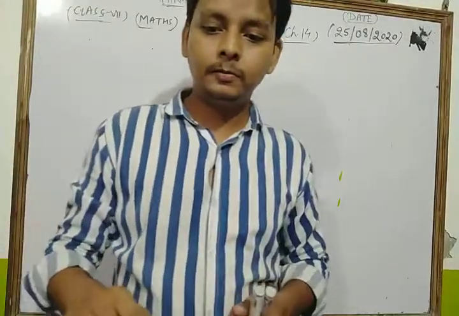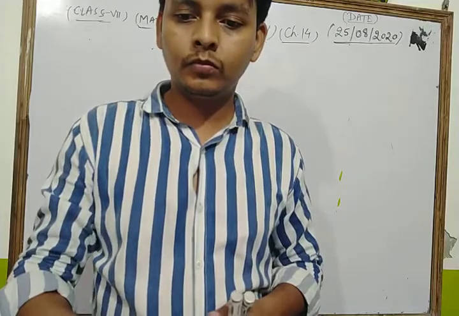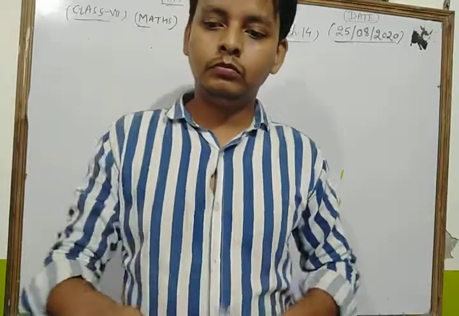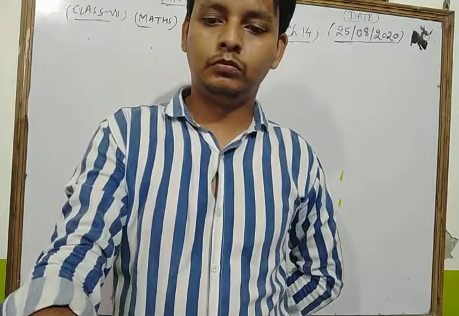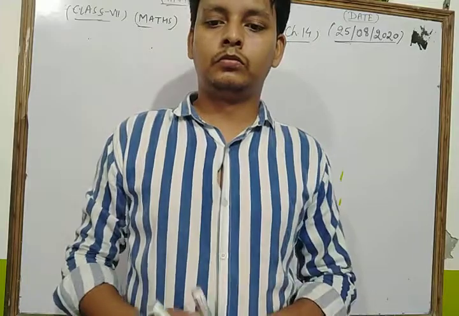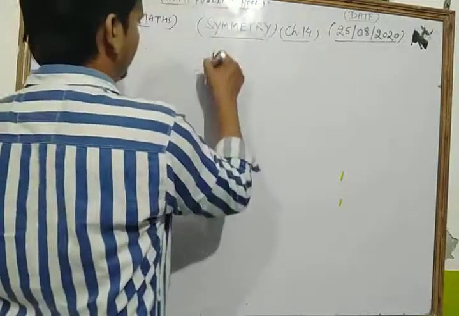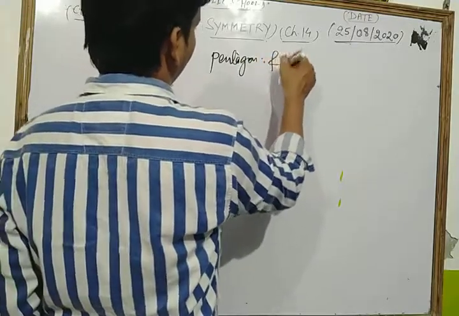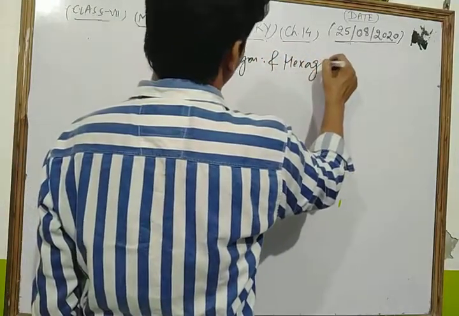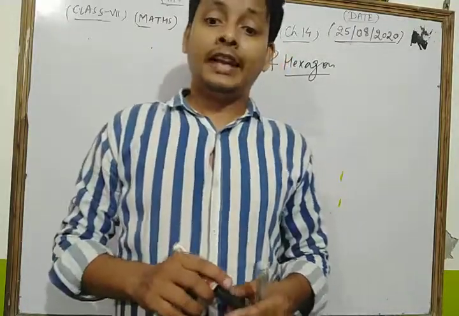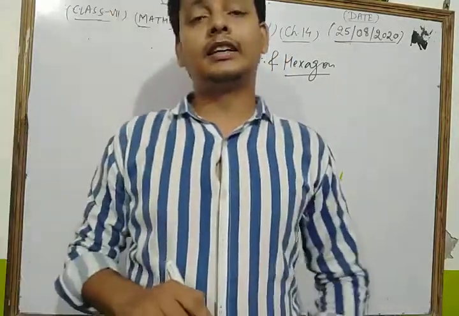Now dear students, pentagon and hexagon are also regular polygons because all sides are equal.